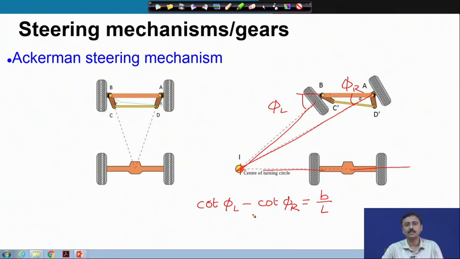It cannot achieve this, it can only approximate. At certain points it will exactly satisfy this relation, but not at all the points in the range of steering. So, therefore, this Ackermann steering mechanism will only approximate this perfect steering condition.